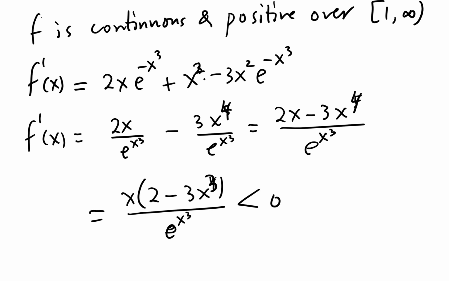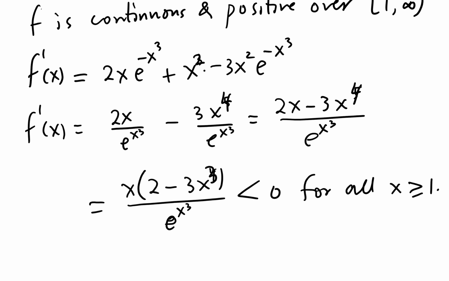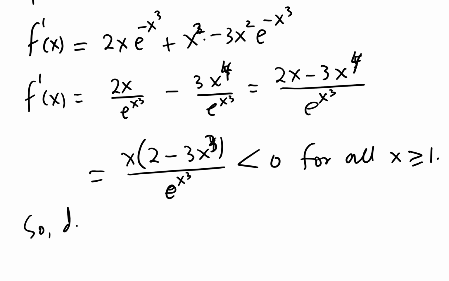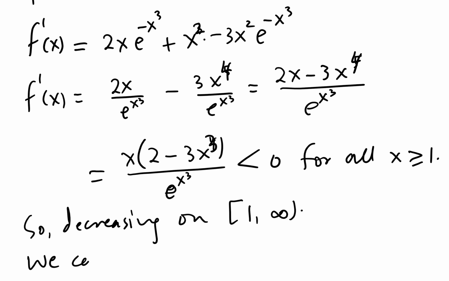So this one is less than 0 for all x bigger than or equal to 1. So that tells us it's decreasing, right? So decreasing on the interval 1 to infinity. So we can apply the integral test.